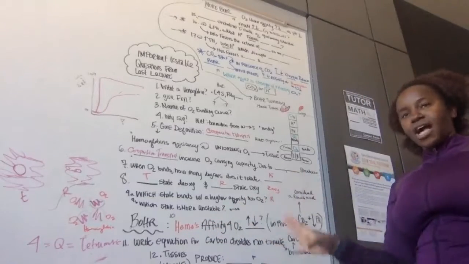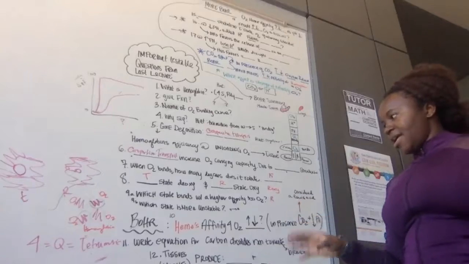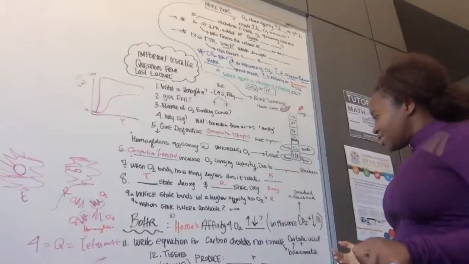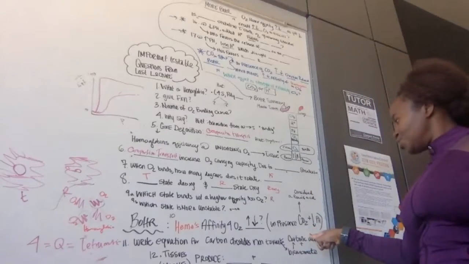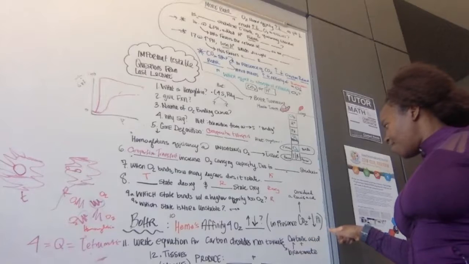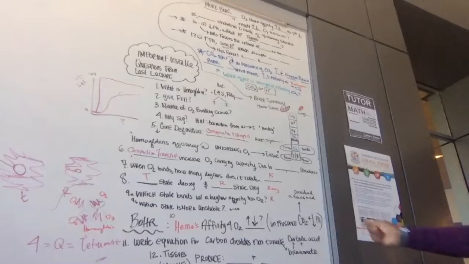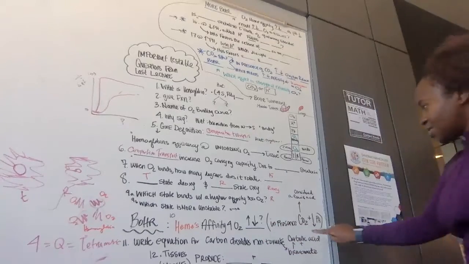Hemoglobin's affinity for oxygen increases or decreases in the presence of CO2 and acid, pH. So the affinity to bind would decrease in both of those, right? Yes, decrease. You're right.